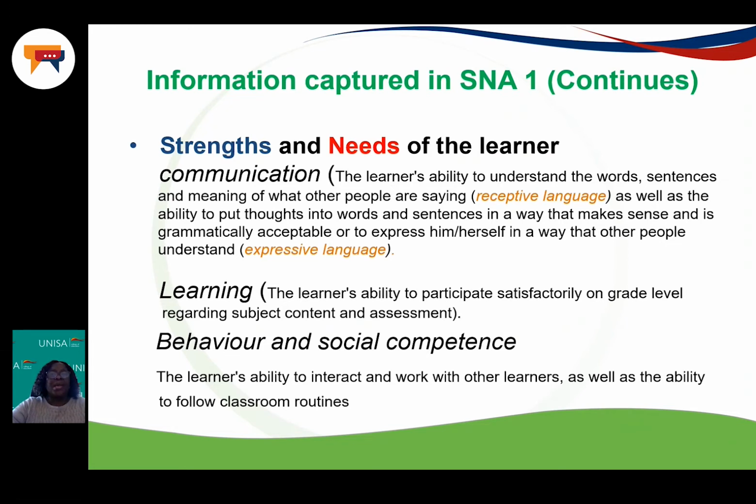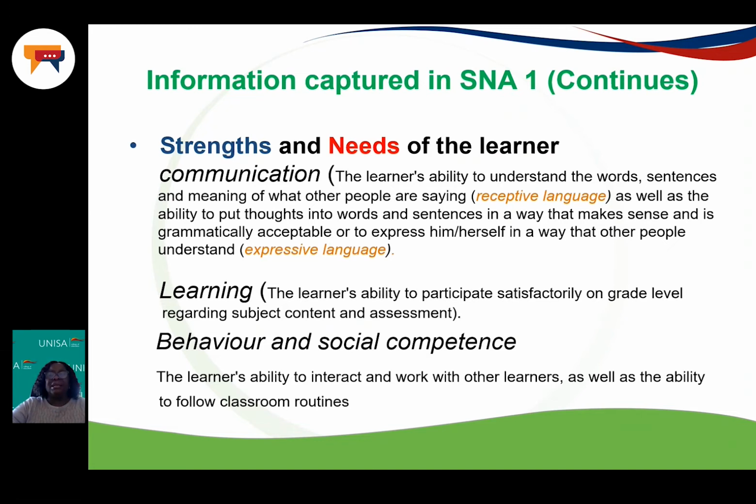So these are some of the things that you can pick up when you are doing the screening. Now, looking at learning itself, you look at whether the learner is able to participate satisfactorily on grade level regarding subject content and assessment.